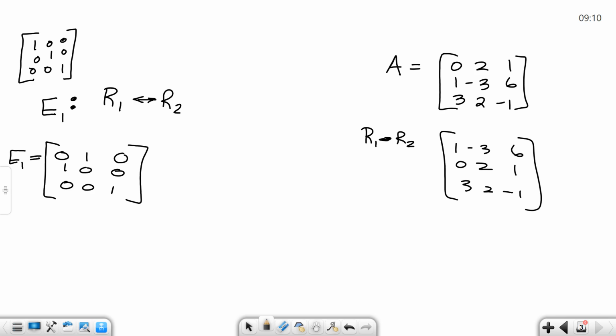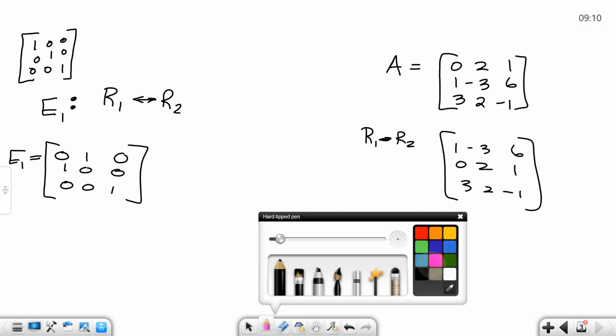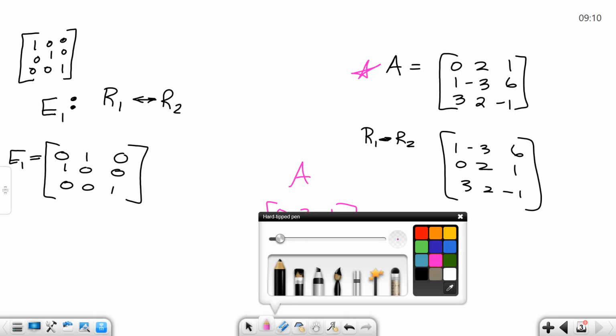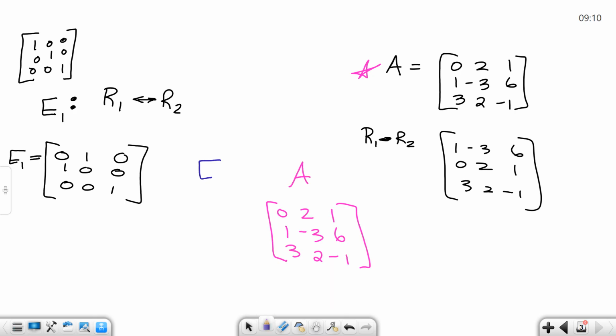You'll say, okay, so what's the point of this? Let me show you what happens. And this is going to lead into our factoring. And again, this is of theoretical interest only. I'm not going to ask you this on a test. Let's go back to this A matrix right here, our original matrix. What I want to do with this A matrix is multiply it by E1.